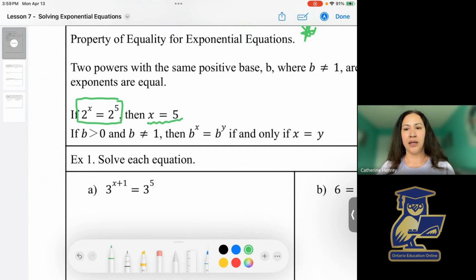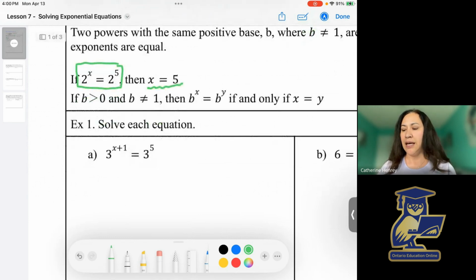Algebraically, if b is greater than 0 and b does not equal 1, then b to the power of x is equal to b to the power of y if and only if x equals y. I said that backwards.